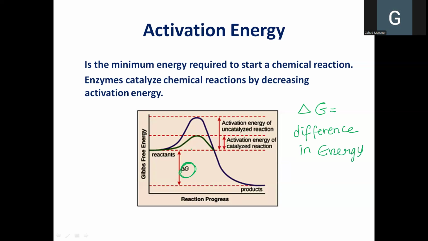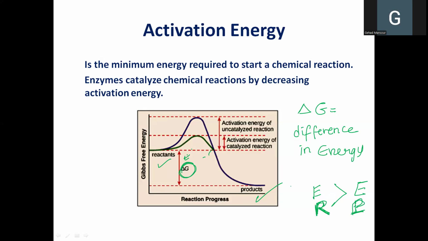You can see that this red arrow represents the difference in energy between the reactants and the products. Here, it's clear that the energy of the reactants is much higher than the energy of the products. The energy of the reactants is greater than the energy of the products.